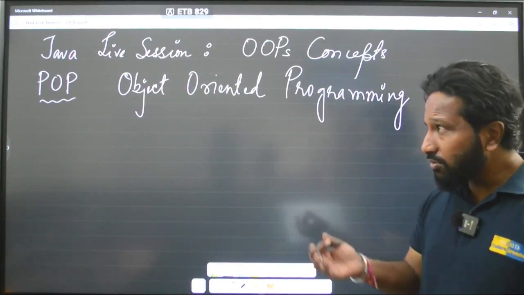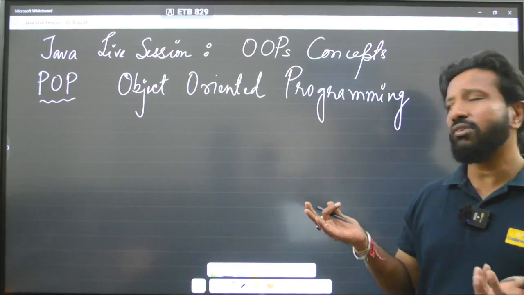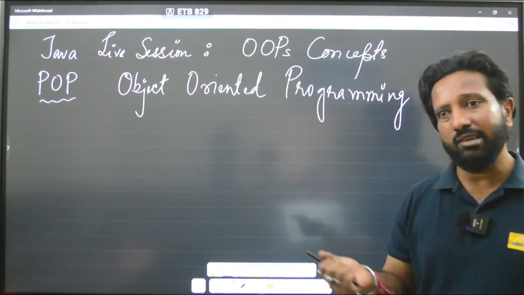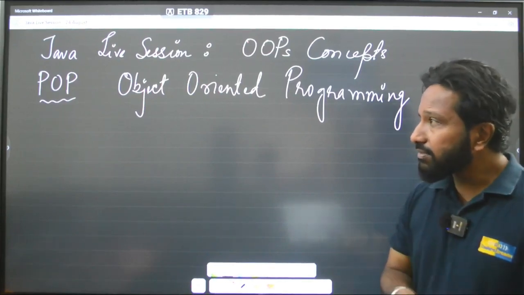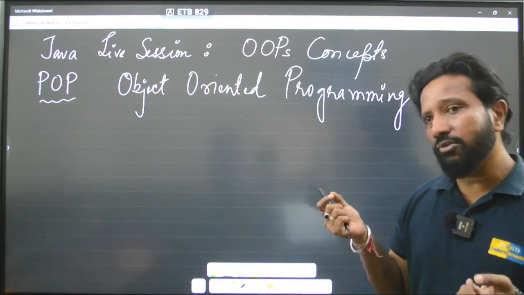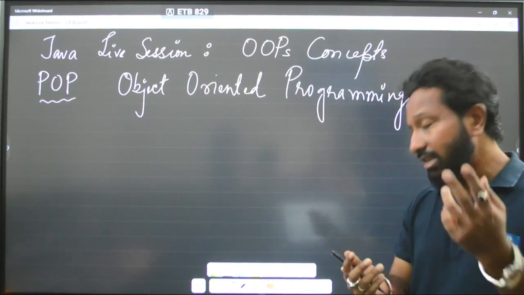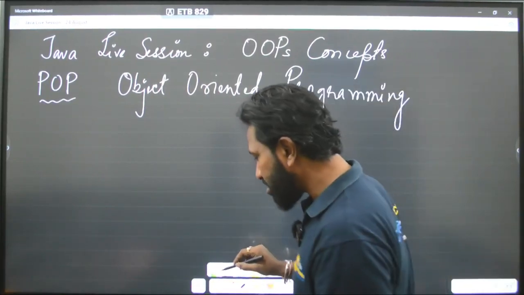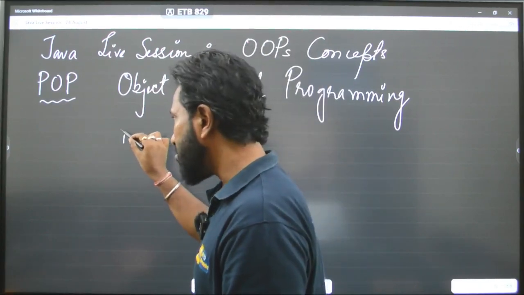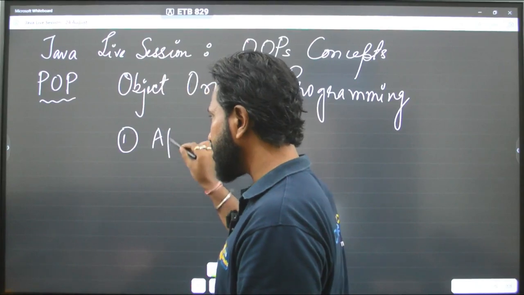As I said, we will be learning object oriented programming. This is a very important concept in any programming language, and you will get most of the interview questions in the face-to-face round. See, I will tell you. In the first round of your interviews, you will more or less have aptitude.